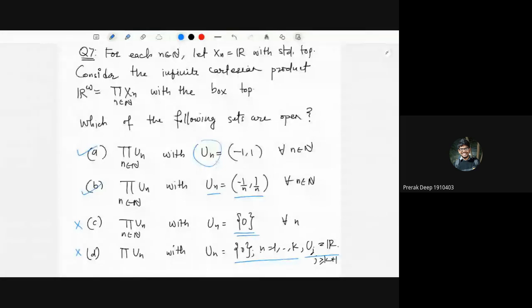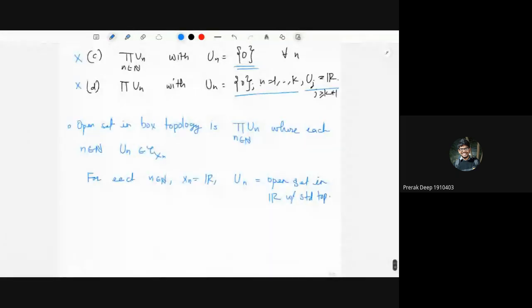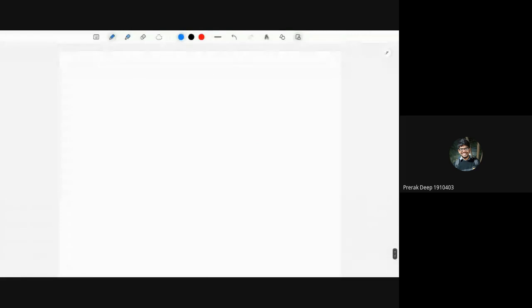I have a similar question and then we will stop after this. I have one more question of a similar type, but it's on the product topology, like the infinite product but with the product topology. For each n in the natural numbers, let X_n be R with the standard topology.